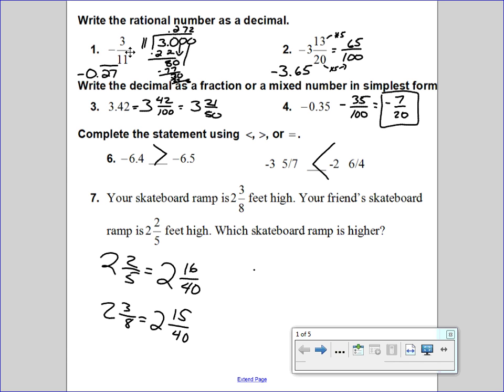So the higher skateboard ramp is your friend's. Everybody okay with that? Okay. So there we go. There is your review for lesson 2.1 from Big Ideas, comparing and ordering rational numbers.